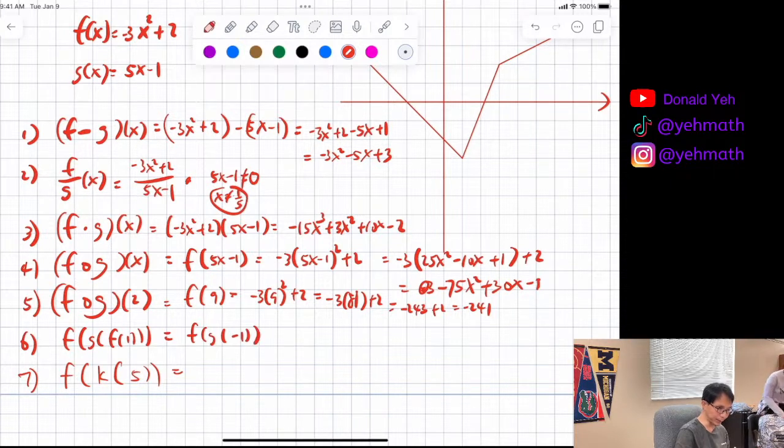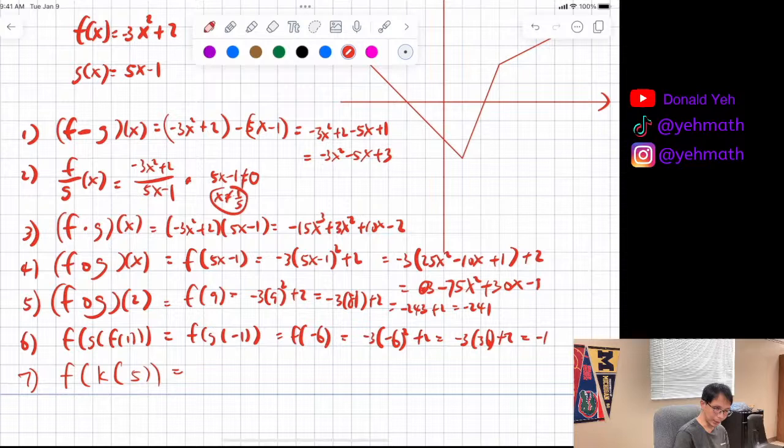And g of negative 1 is gonna give you f of negative 6, and negative 3 times negative 6 squared plus 2. That's equal to negative 3 times 36 plus 2. That's equal to negative 108 plus 2, equal to negative 106.